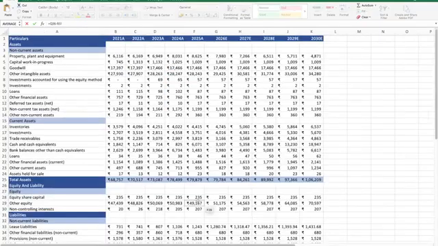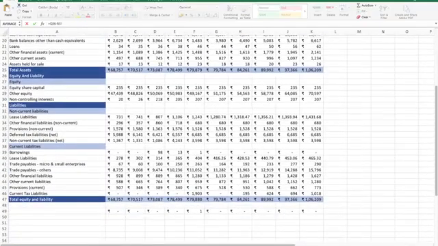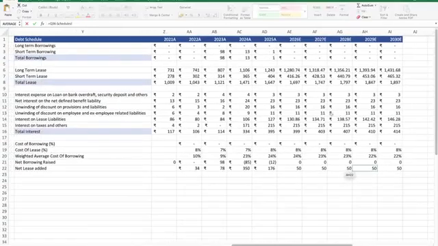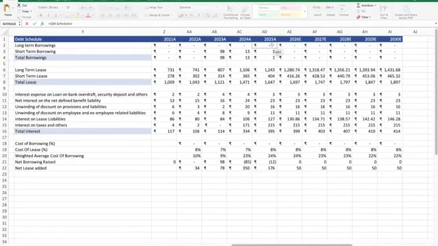So we can directly go to a schedule and look at the debt. You can see for 2025, my total borrowing is somewhat the sum of leases plus total borrowings. So I'll take both of these, and then we add back the cash.